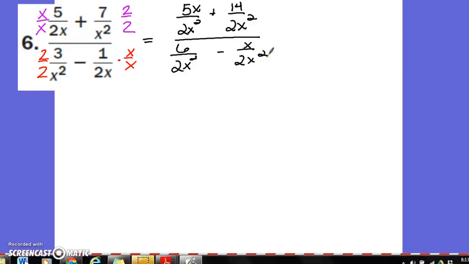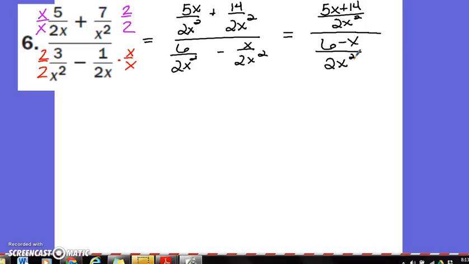Now what should I do? Not yet. Not until we have one fraction divided by another fraction. We'll get there. Combine like terms. So combine like terms gives me 5x plus 14 over 2x squared divided by 6 minus x over 2x squared.